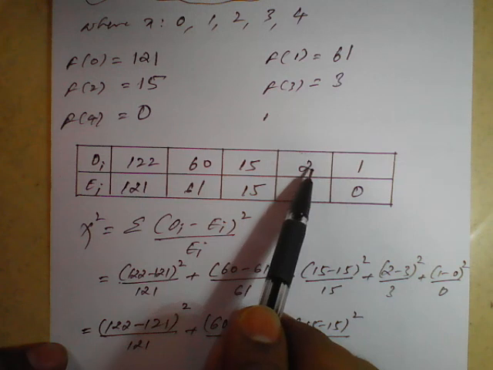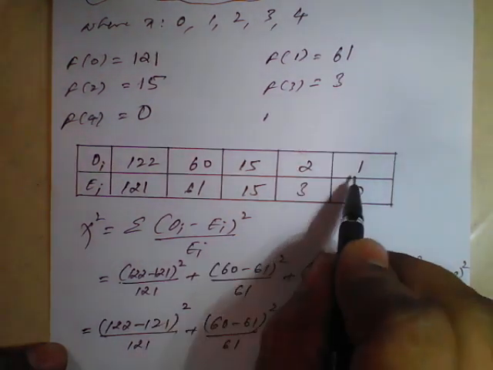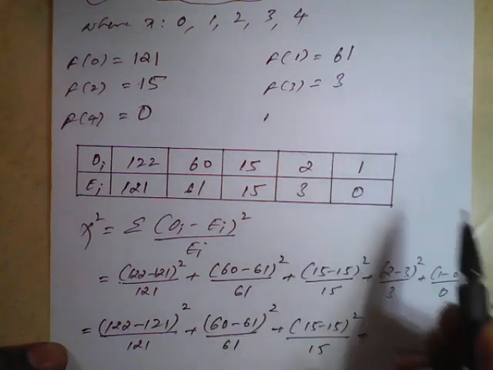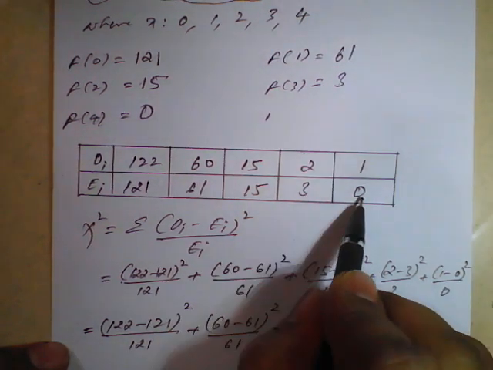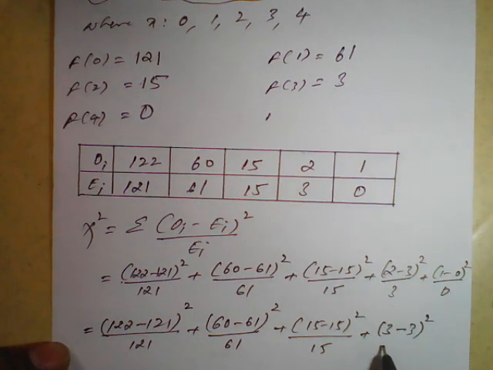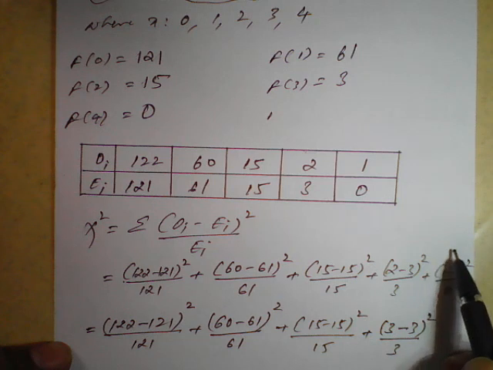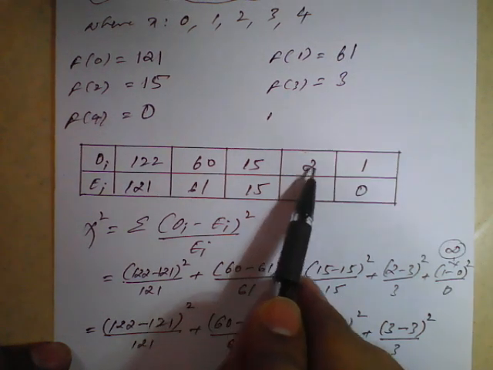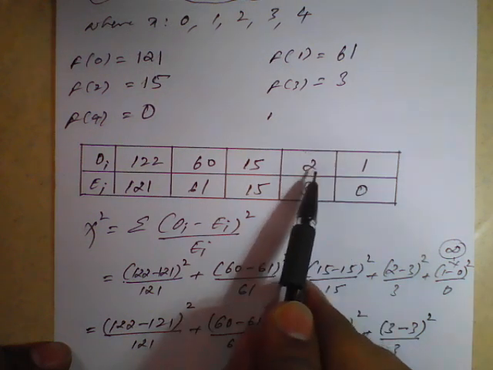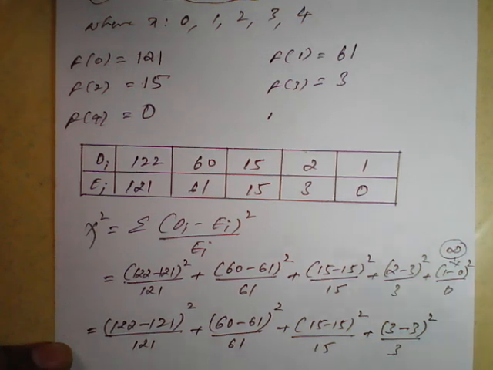Here what we'll do is, 2 plus 1 is 3, I'll make it and write as one number, minus 3 plus 0 is 3, whole square divided by 3. Because this term is turning toward infinity, that's why we'll combine these two numbers: 2 plus 1 is 3, then 3 plus 0 is 3, so 3 minus 3 is 0, and 0 upon anything is again 0.